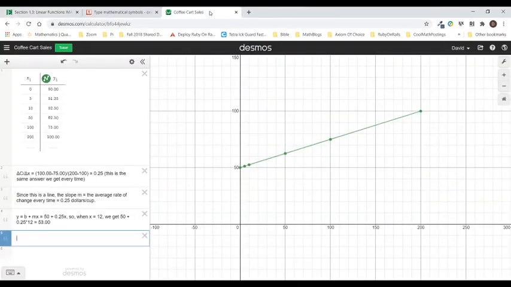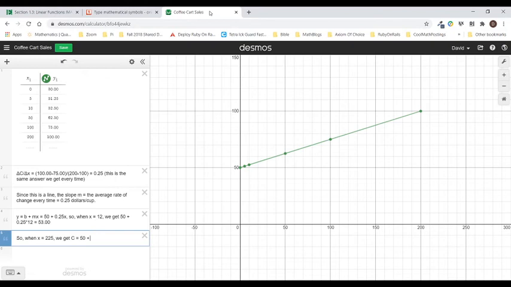So when x equals 225, we get the cost is equal to 50 plus 225 times 0.25. I'm not going to like this.